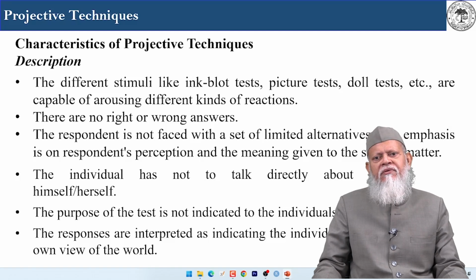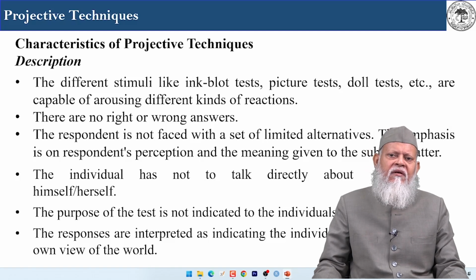From the reactions, we find what is in their minds. When we proceed in this lecture, it will be clear to us.